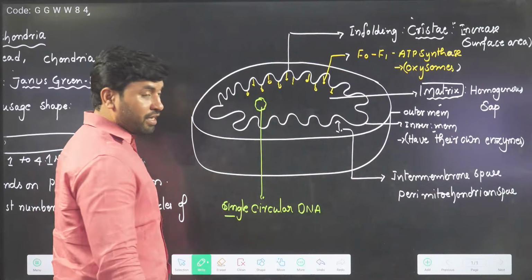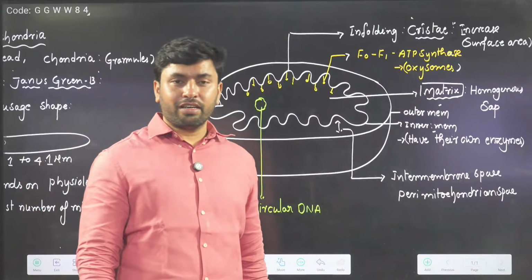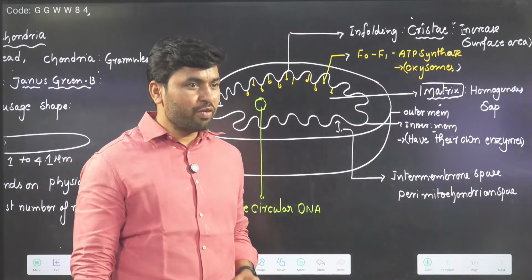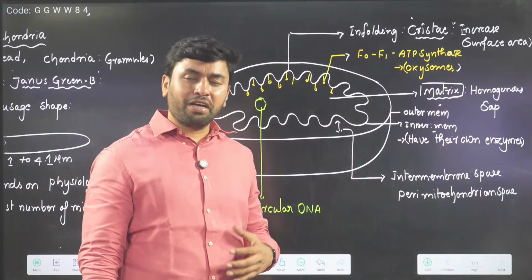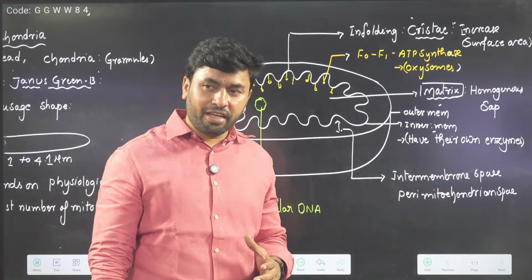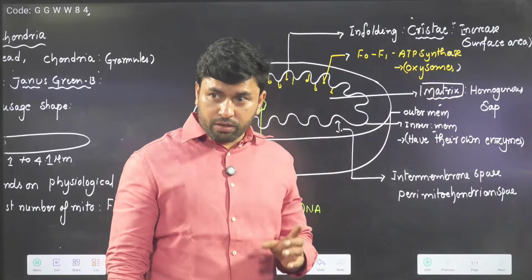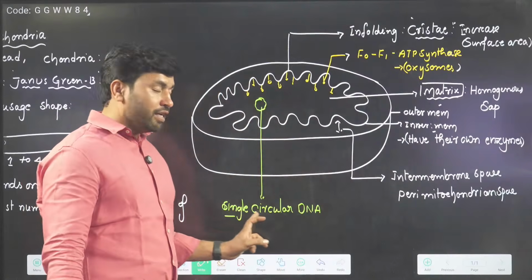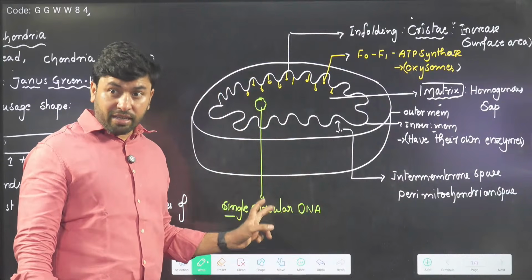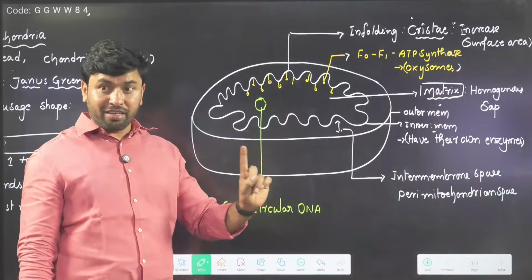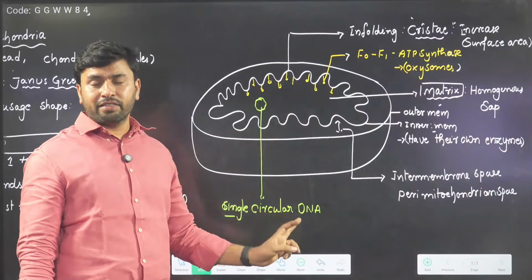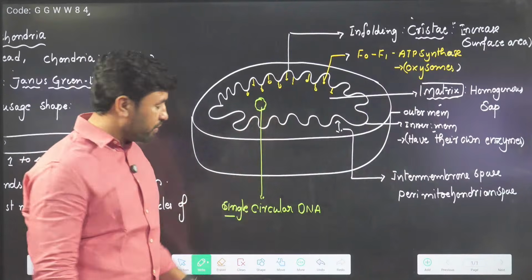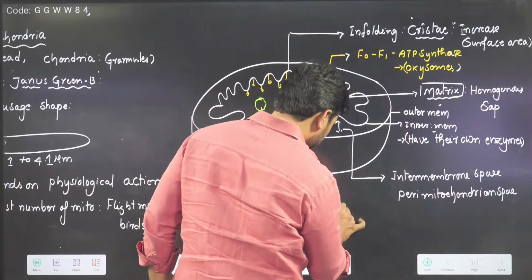I am not saying single-stranded circular DNA. My dears, wherever you come across DNA, by default take the DNA as double stranded. Don't ever consider it as single stranded. So there is a single circular DNA, which means not single stranded. One copy of circular DNA is present, which is always double stranded.